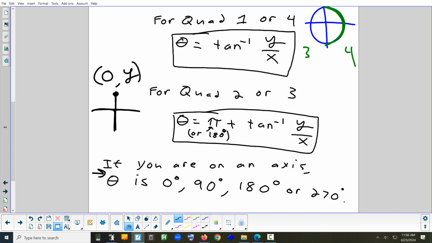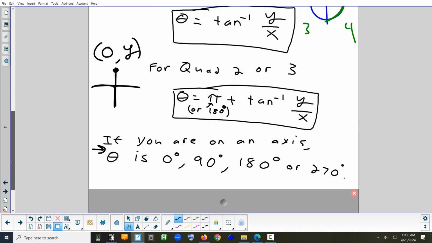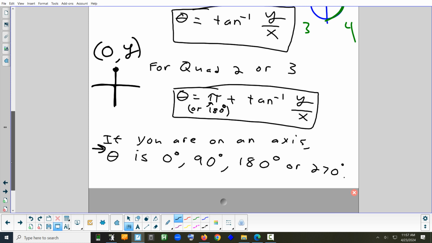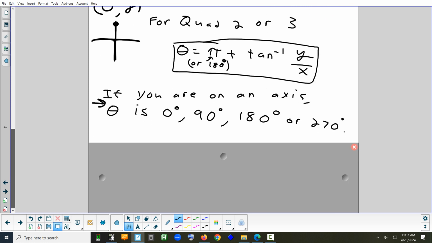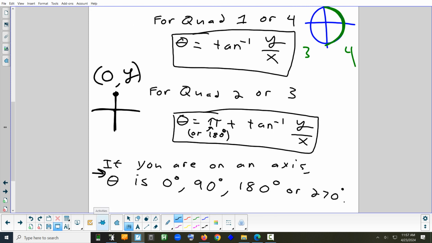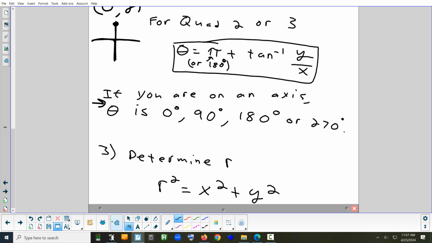And how did we say you're going to get the radius? What theorem? I'm going to use the Pythagorean theorem. I just wrote it with the letters in our problem. r squared equals x squared plus y squared.